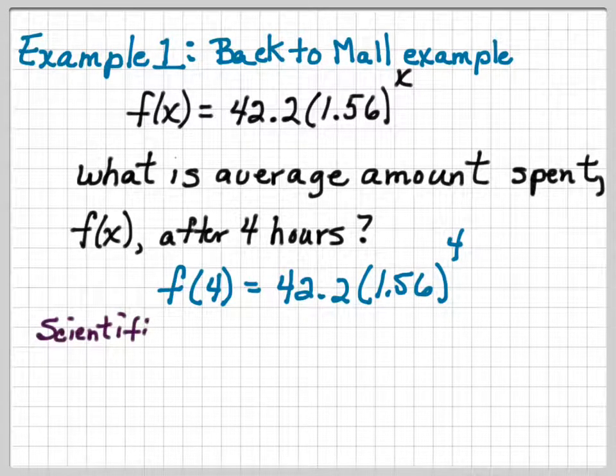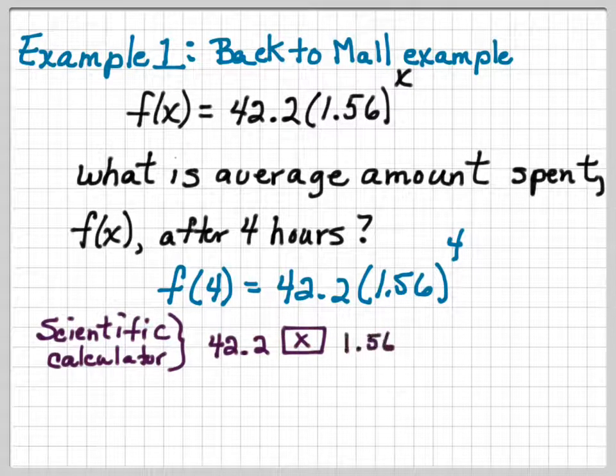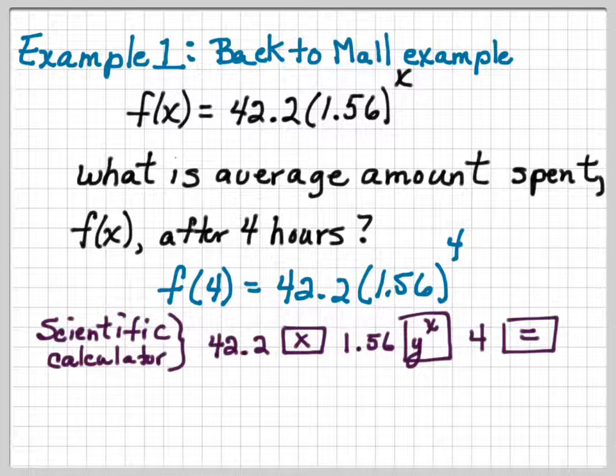And on your calculator, and please practice this to make sure that you're getting the right answers. On a scientific calculator, you would plug in 42.2, then your multiplication function, and then 1.56, and y raised to the x power, and then 4. And that's going to take 1.56 and raise it to the 4th power, and then your equal sign.